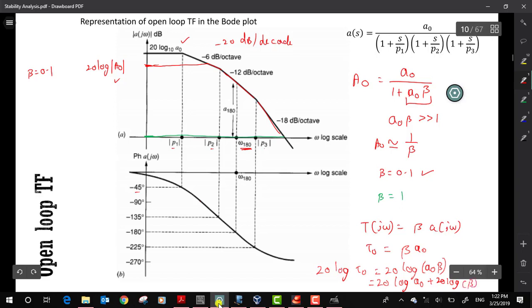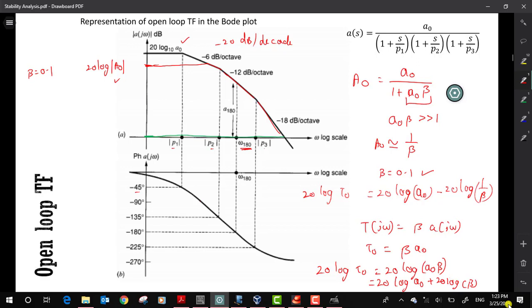So 20 log of T naught I can write as 20 log of A naught minus 20 log of 1 by beta. Is this expression valid? I had 20 log of beta, and I wrote it as minus 20 log of 1 by beta. Are those two quantities the same or different? Same, right.